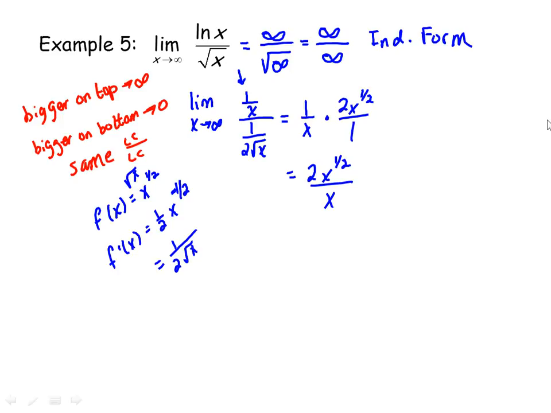You're going to get infinity over infinity. But there's something we can do algebraically. What is the rule? If I have x to the 1/2 over x to the 1, what is the algebraic rule? You're going to subtract. So we're going to get x to the what? 1/2 minus 1 is going to be what?